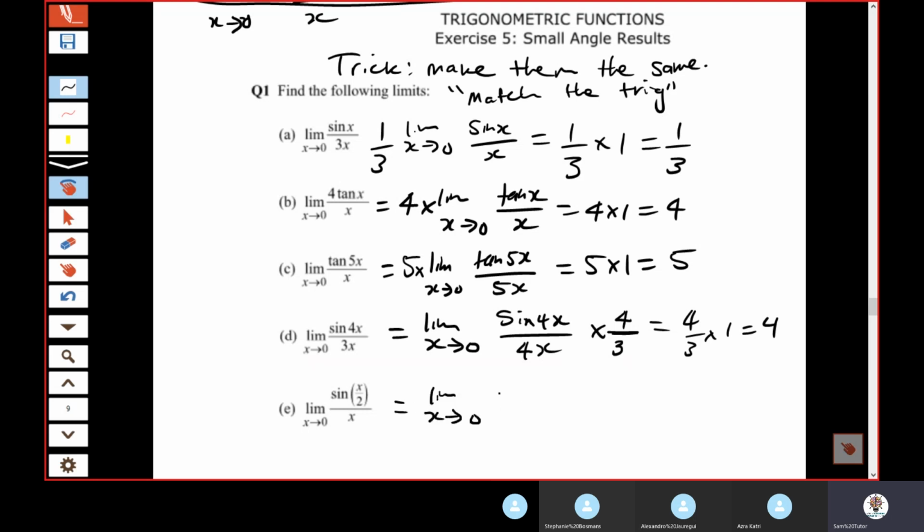Limit x approaches 0, sine x on 2, all over x on 2. But you didn't need x on 2. You needed a 1x.